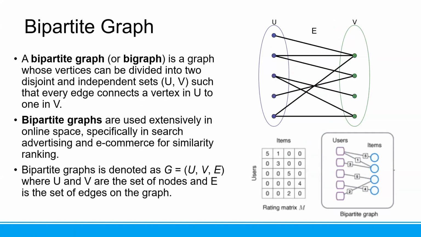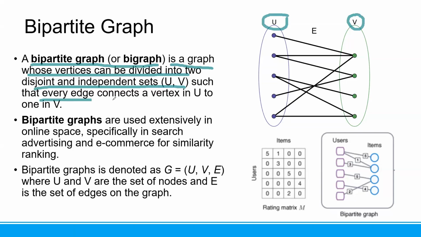There is another kind of graph. This is one example of a bipartite graph. A bipartite graph is a graph whose vertices can be divided into two disjoint and independent sets U and V. So this is one set of vertices, and this is another set of vertices.